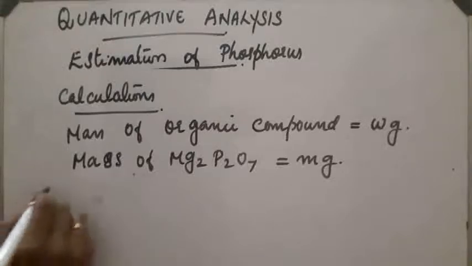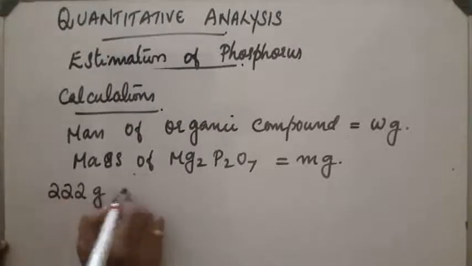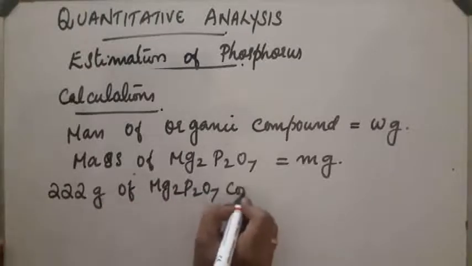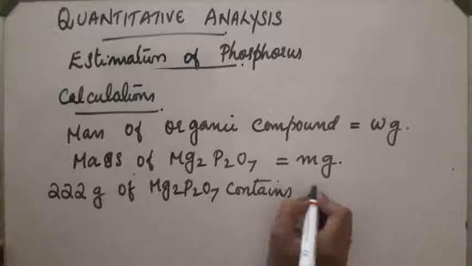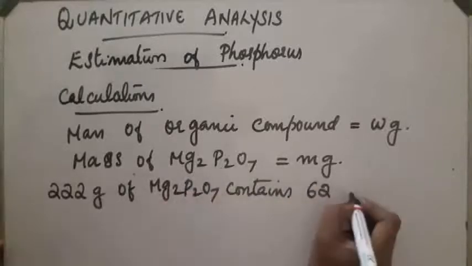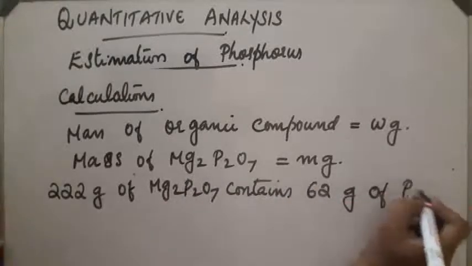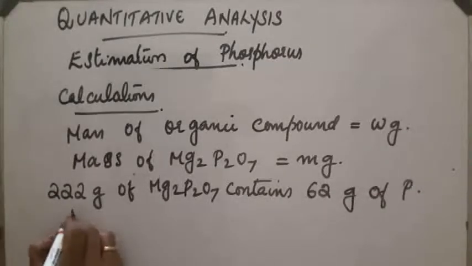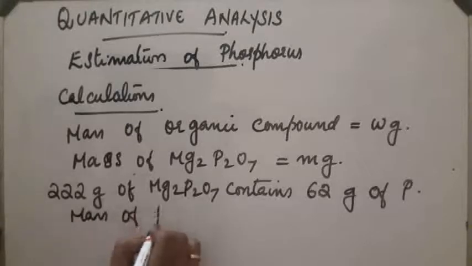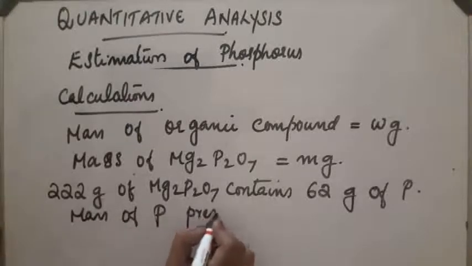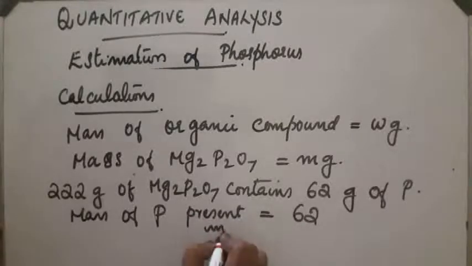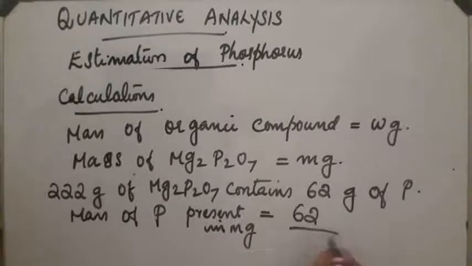Next, 222 gram of Mg2P2O7 contains 62 gram of phosphorus, that is P2. Therefore the mass of phosphorus present in m gram of precipitate will be equal to 62 by 222 into m gram.